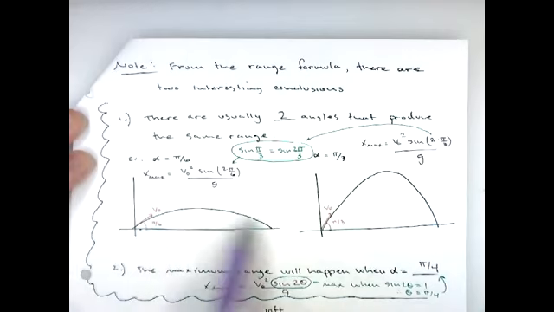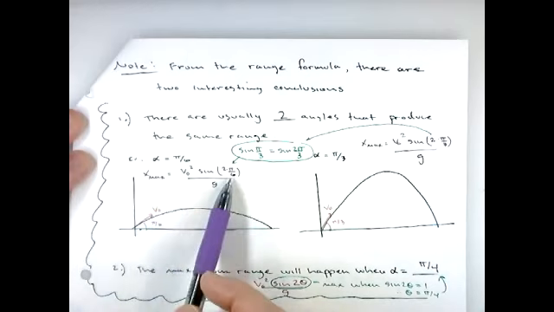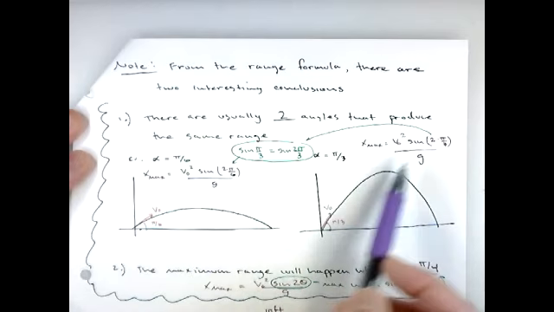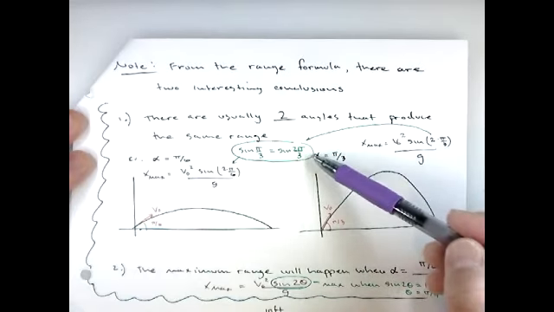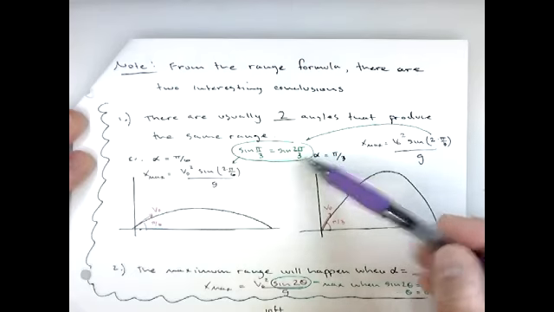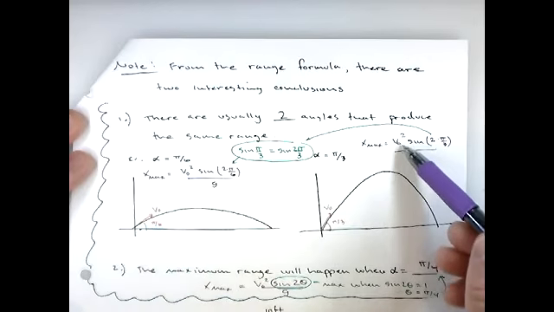So the range of this projectile would involve the sine of pi over 3. Whereas if you launch it at an angle of pi over 3, you're going to end up doing sine of 2 pi over 3. And if you go back and review your trig, the sine of 2 pi over 3 is exactly the same as the sine of pi over 3. So you would get identical values for your range, assuming you launched it at the same velocity.